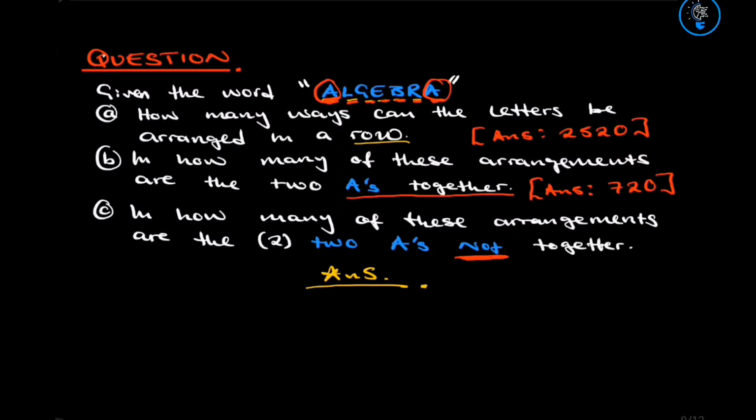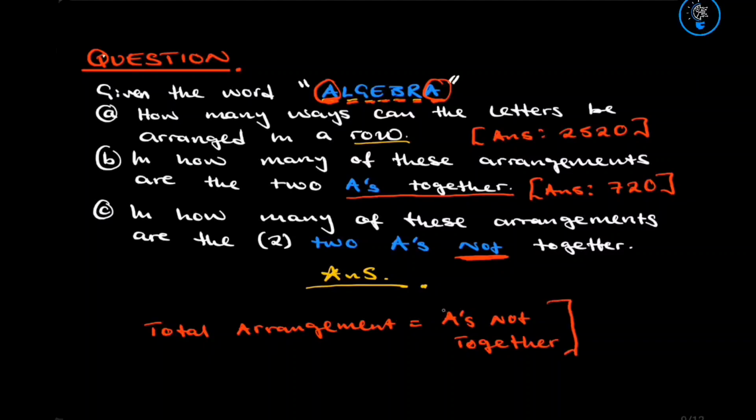Now, if you want to find the number of arrangements if the two A's were not together, you can just say: total number of arrangements is equal to arrangements with A's not together plus arrangements with A's together.